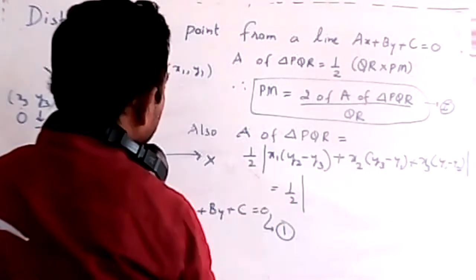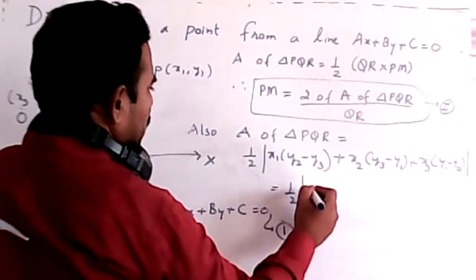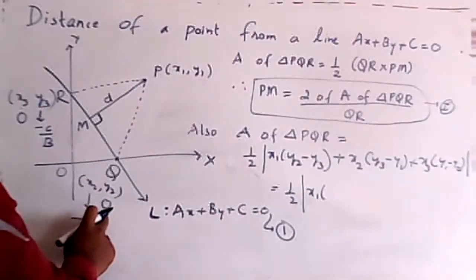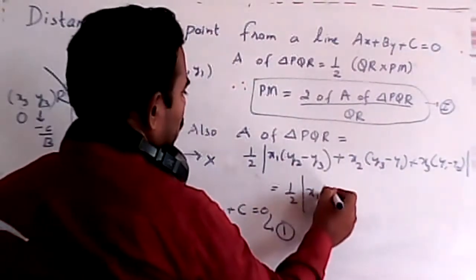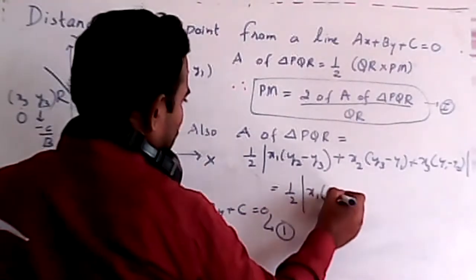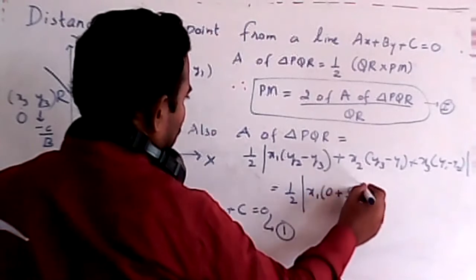Mod x1, we don't know. I will keep x1 as it is. Y2 is given to us, that is 0.